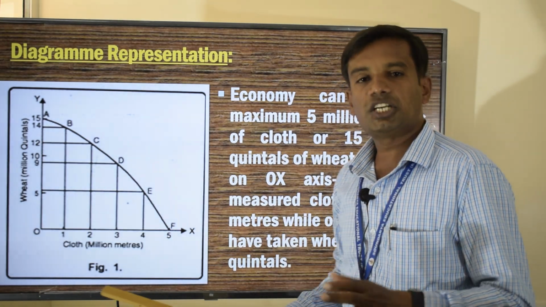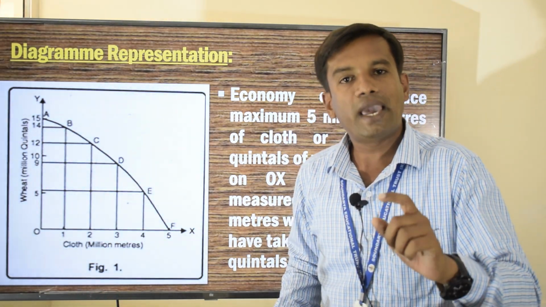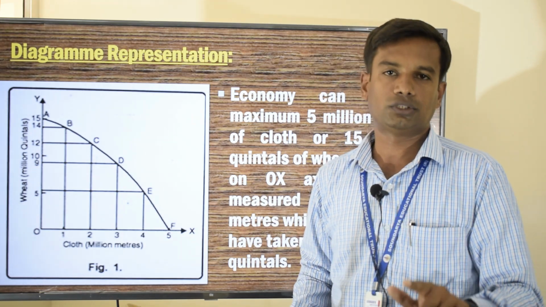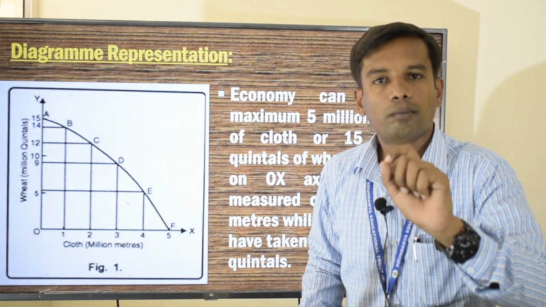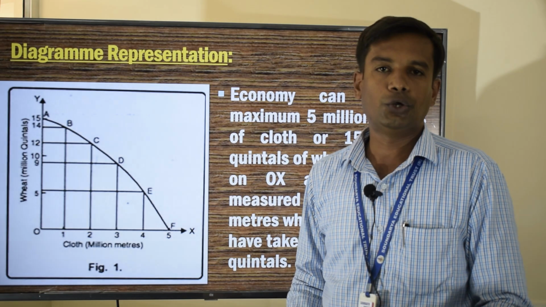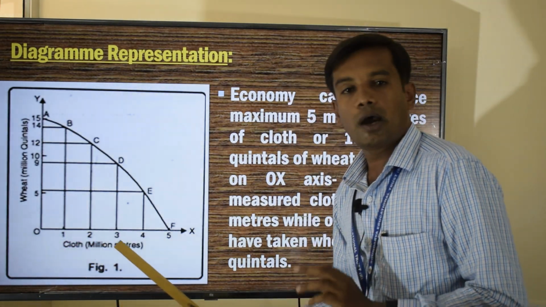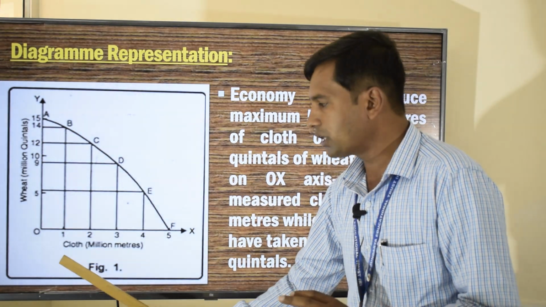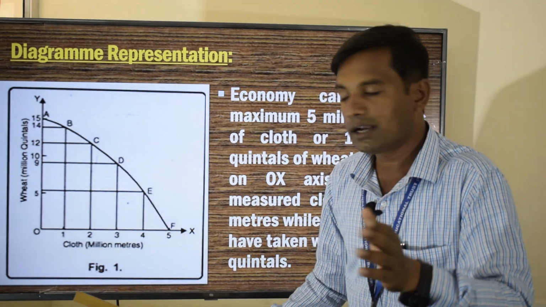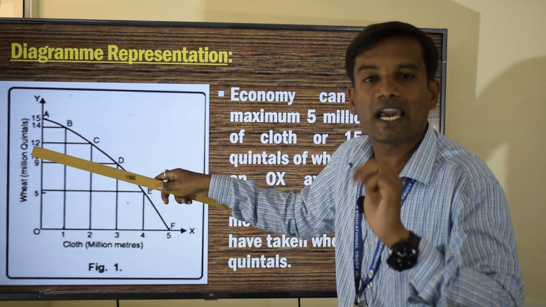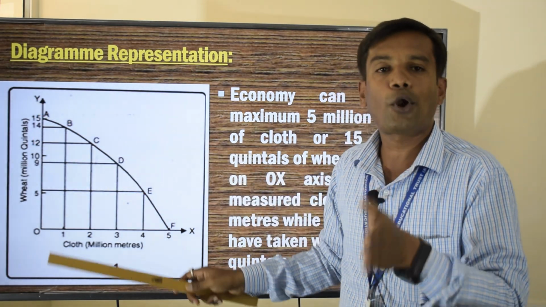So it is the decision taken by the economy based on the availability of resources and technology. Both the goods can be produced. But one thing is sure, if it wants to increase the production of cloth, on the other side it has to decrease or sacrifice the other product.